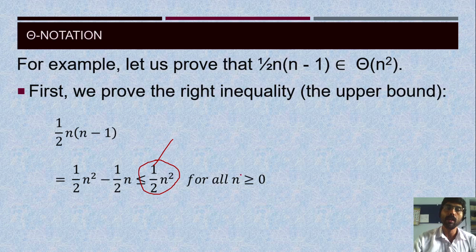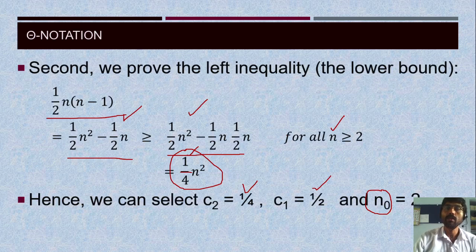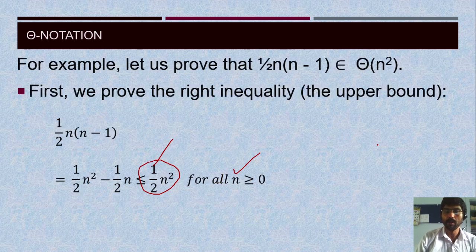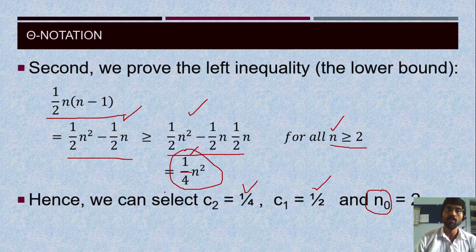At the upper bound n naught is 0, but at the lower bound n naught is 2, so I pick the largest value, because whenever the n value reaches 2 or greater, both conditions are true. So I pick n naught as 2. Now C1 is half, C2 is 1/4 and n naught is 2.